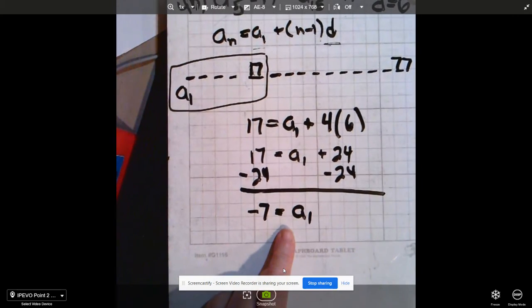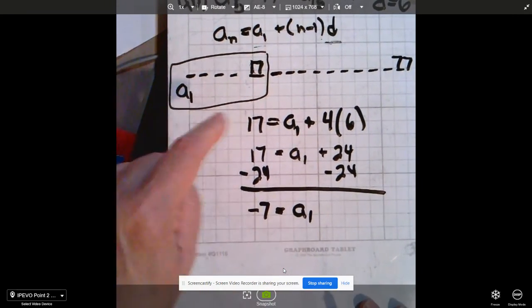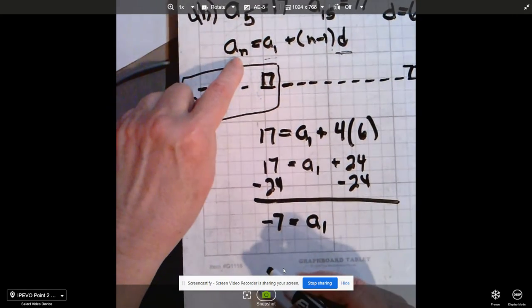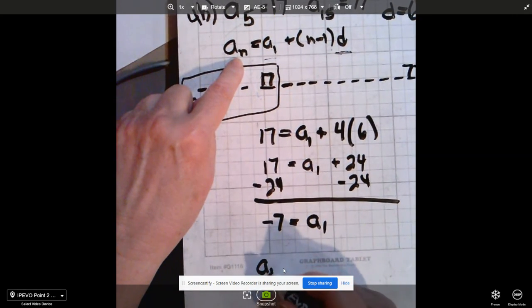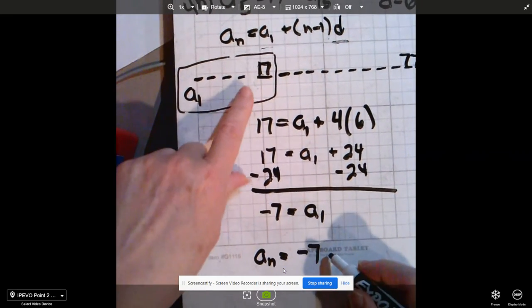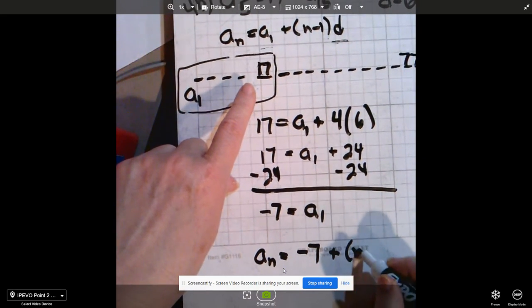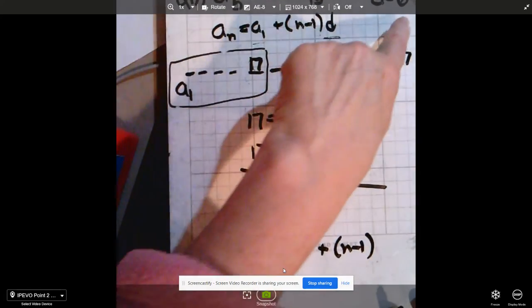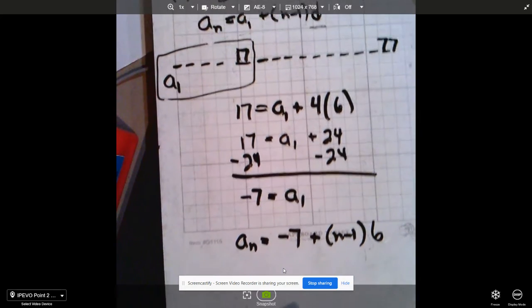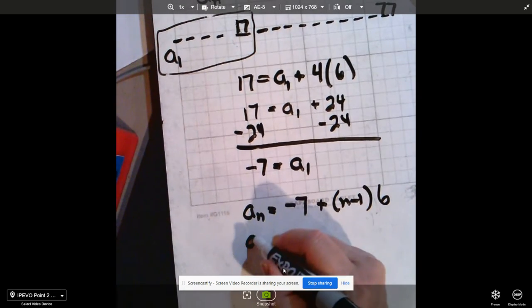So now if I wanted to write my rule, I'm going to plug this back into my formula. AN, A1 we determined is negative 7, plus N minus 1, and my D value here is, oops, up here is 6.